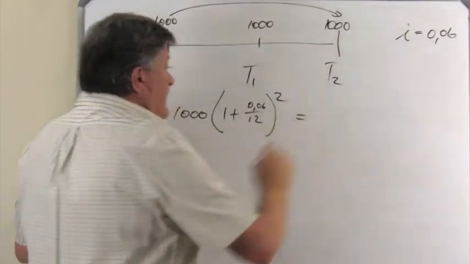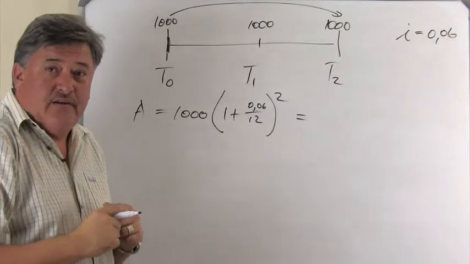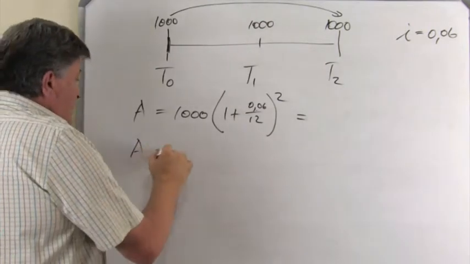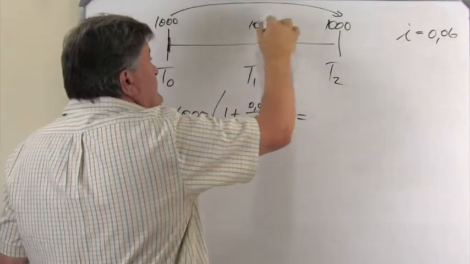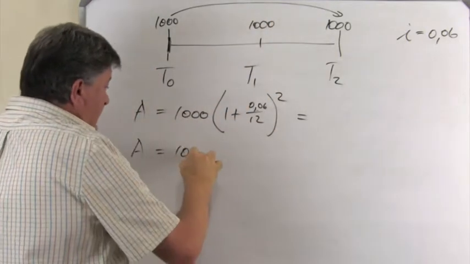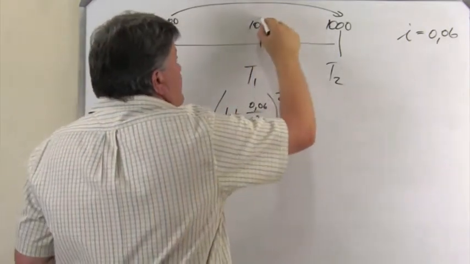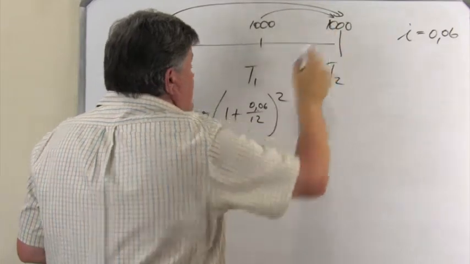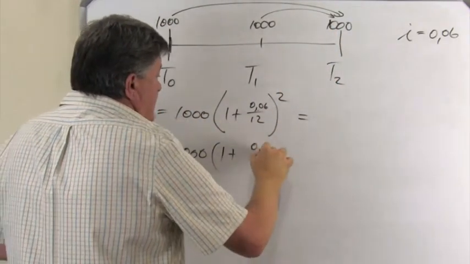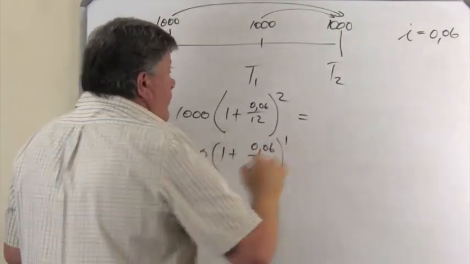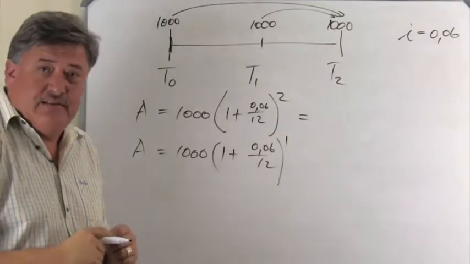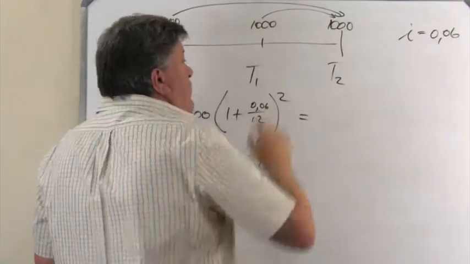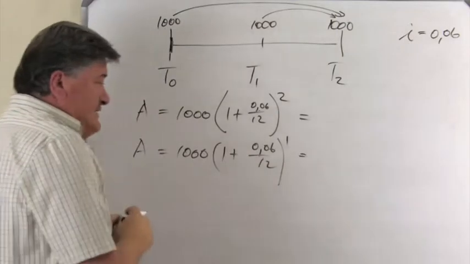And I'm going to calculate that answer, which we will do now. The second one, I'm going to look at this 1,000 rand, and I'm going to invest it at 0.06 over 12 for a 1-month period, because it will only be invested for 1 month, and it will give us an answer.